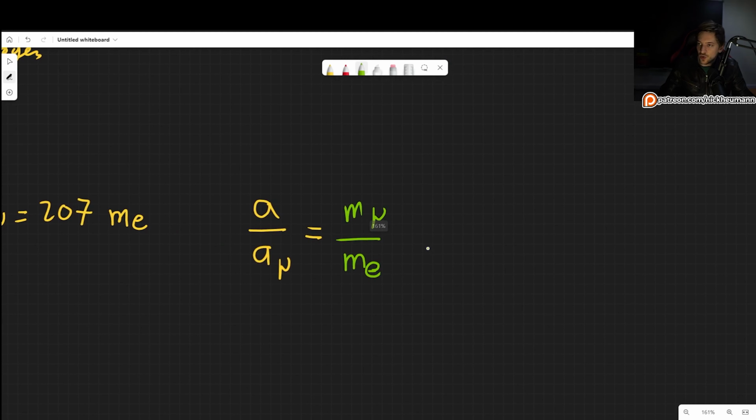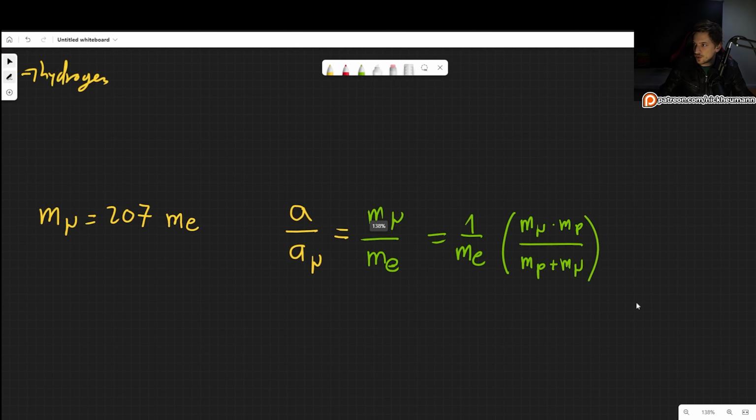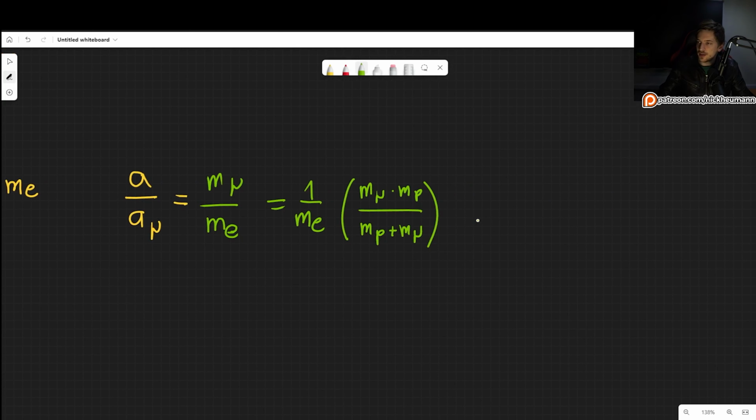Okay, so what now? Well, we need to write what the reduced mass is. So we have 1 over the mass of the electron and the reduced mass. The reduced mass is the product of the mass of the muon and the mass of the proton, divided by the sum of those masses. So what is this? Well, we know that the muon has a mass of 207 times the mass of the electron.